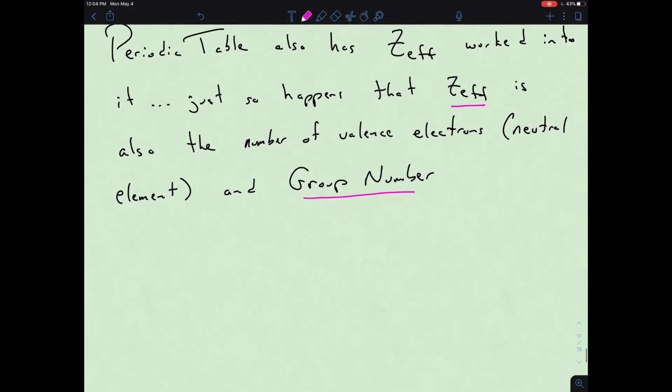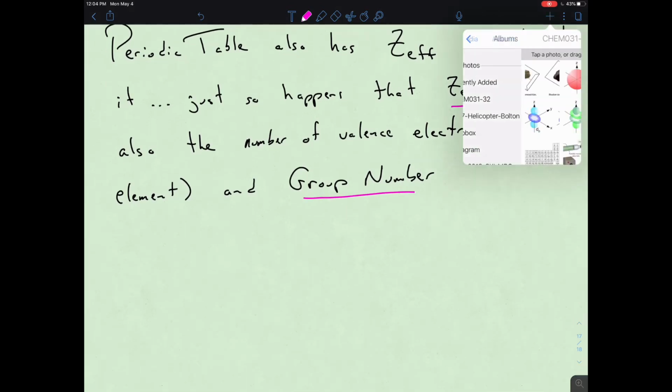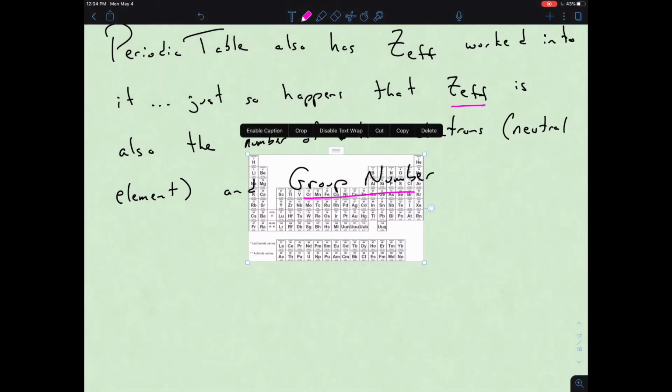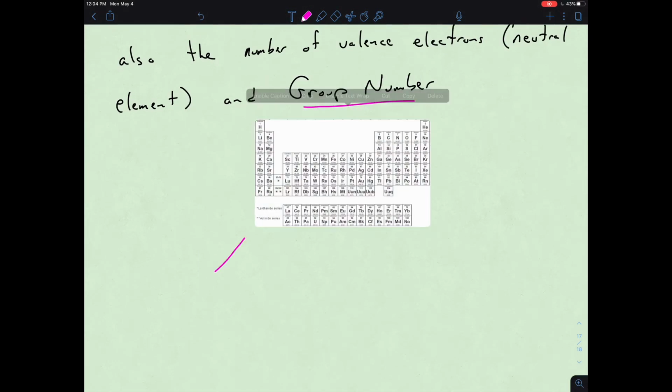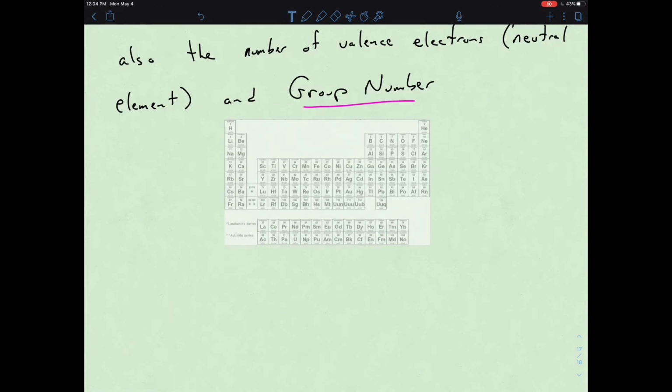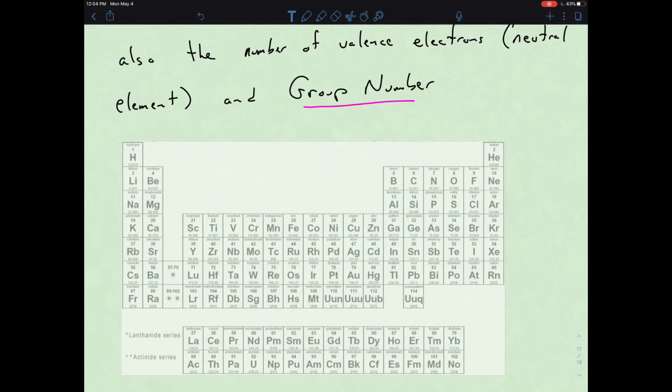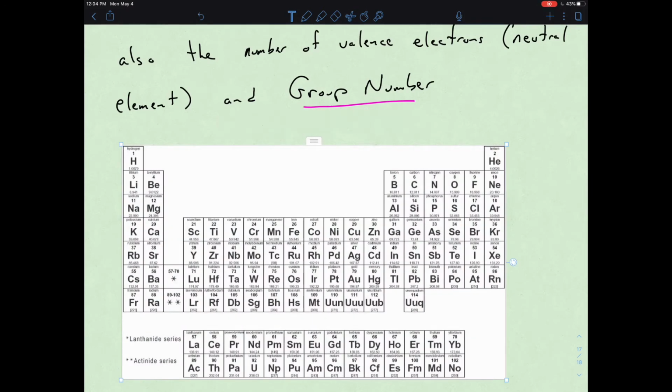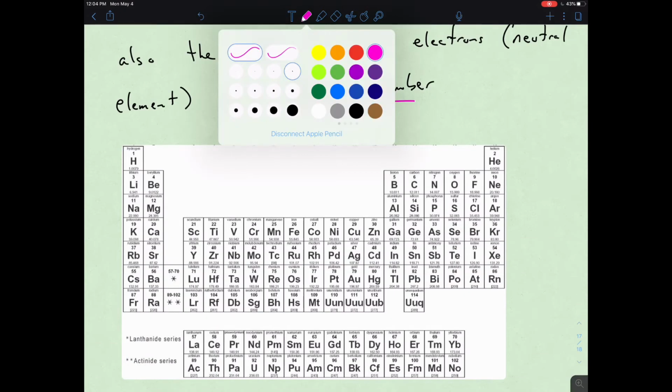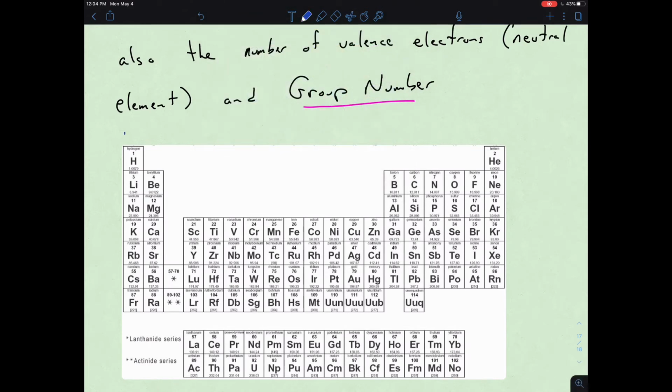So if we were to bring back the periodic table and show you this again. Oops. Remember, we have these group numbers of 1A and 2A, and then we had 3, 4, 5, 6, and 7A. We also had the B's.